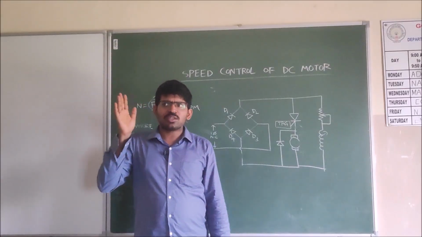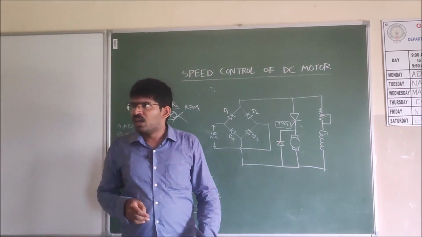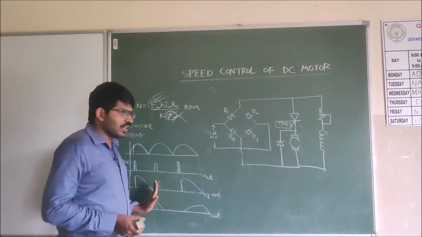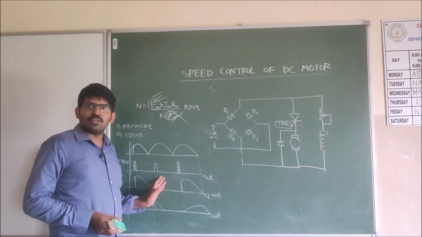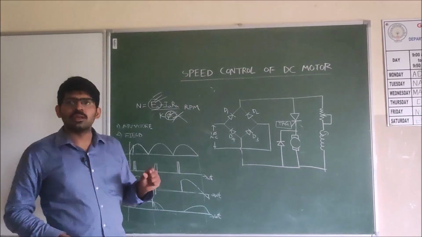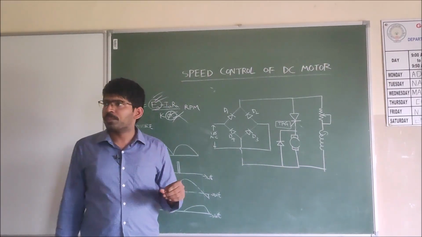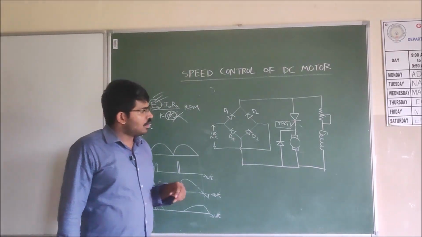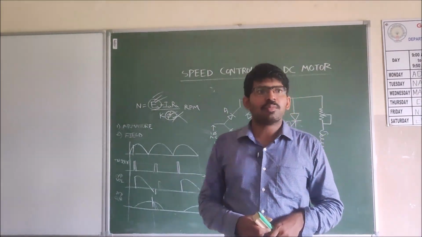Similarly here, that is an AC motor and this is a DC motor, so there is a difference. But for this DC motor also, when we suddenly cut off the supply, for a small amount of time it still has voltage, and the current continues here. So this is how we control the speed of a DC motor by using an SCR.